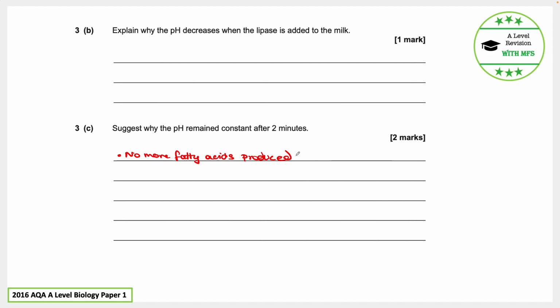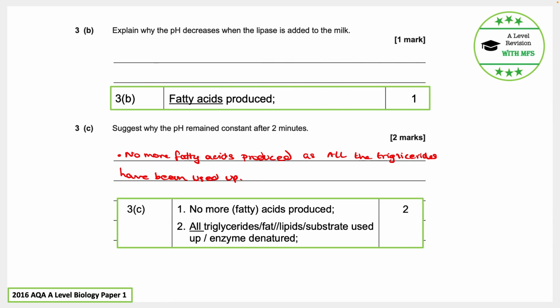No more fatty acids produced, as all the triglycerides have been used up. Okay, that's what I would say. If we have a look at the mark scheme, it says no more fatty acids produced, all triglycerides slash fats slash lipids slash substrate used up, or enzyme is denatured. Okay, so I would have got both marks in that case.